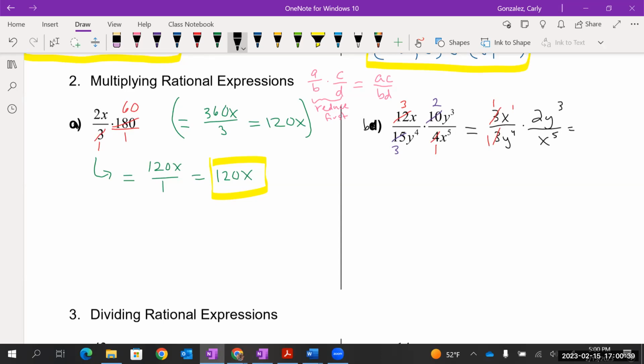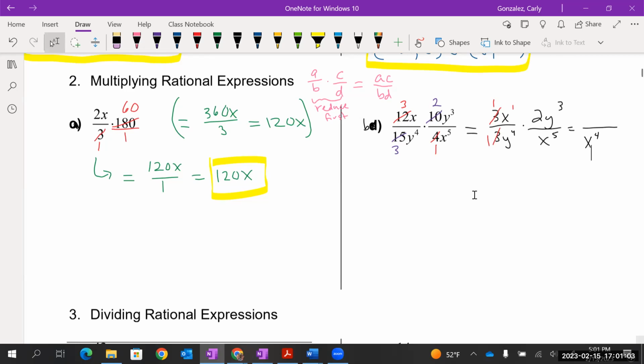So we will subtract the exponents, 5 take away 1, and we get 4. But notice now we will be left with x to the fourth power in the denominator, since there were more x's in the denominator than in the numerator.